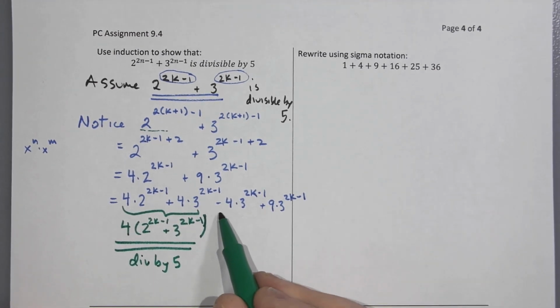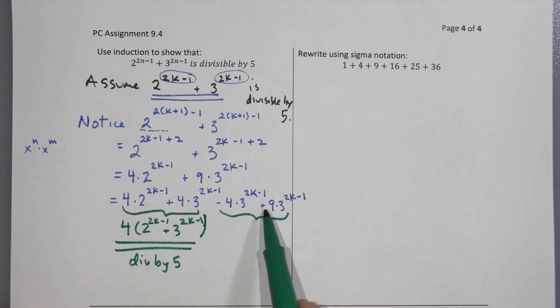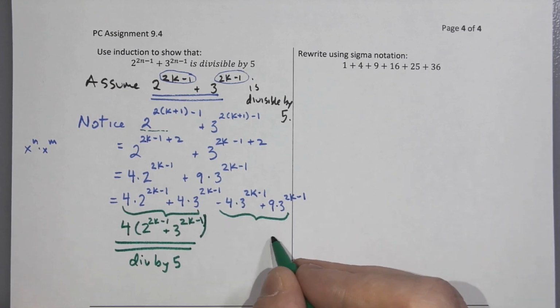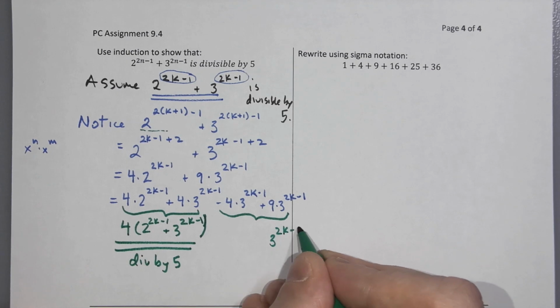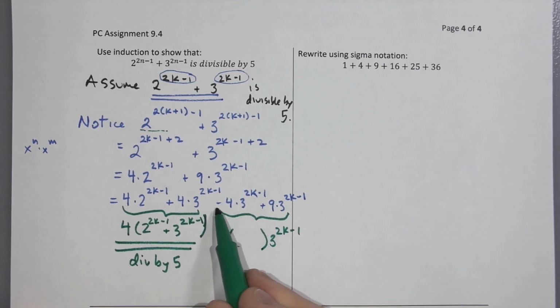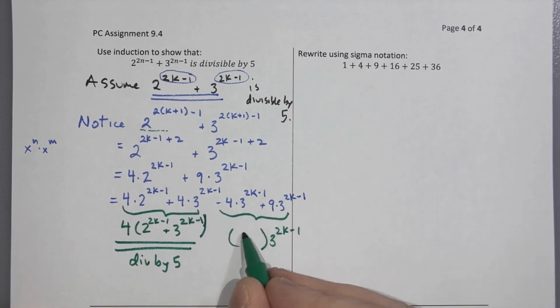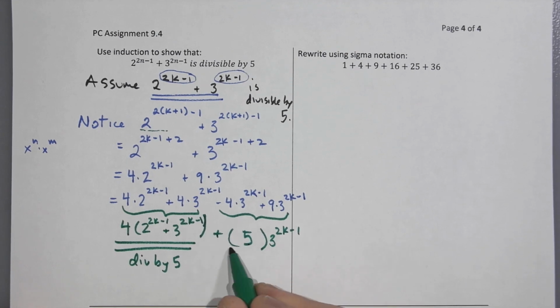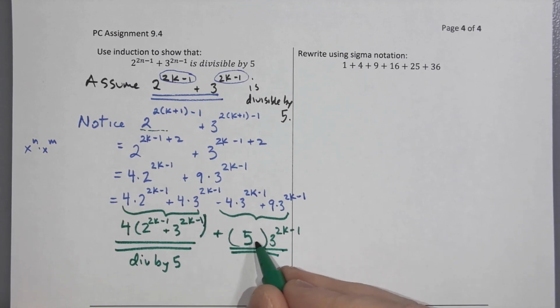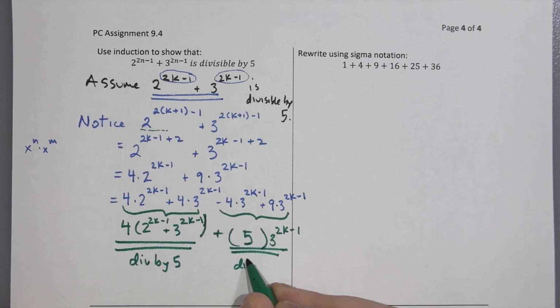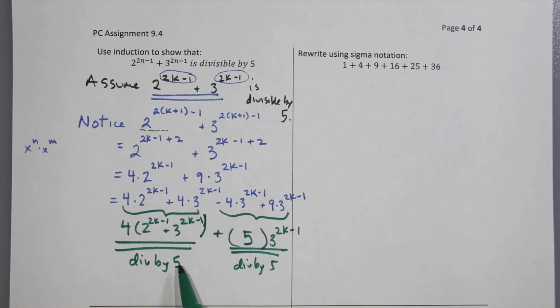On the other hand, we have these two pieces, but notice that they have a common 3 to the 2k minus 1, and what's left is a negative 4 plus a 9, which is a 5. So this part is also divisible by 5, because you can actually see the factor of 5. And of course, if you take a multiple of 5 plus a multiple of 5, you get a multiple of 5. So that finishes the problem. That finishes the inductive step for us.